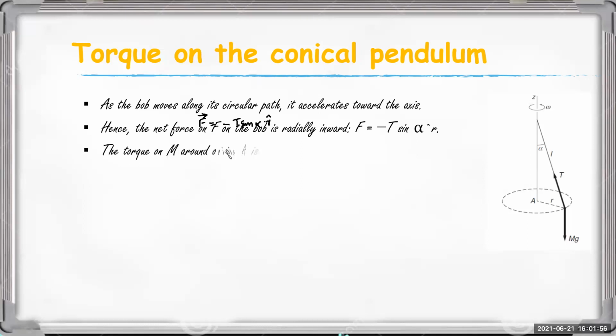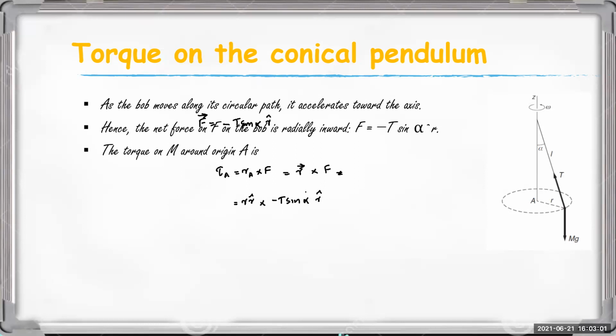Then the torque on the mass around the origin A, that is tau A, is equal to RA cross F. Here this is the length RA, or that is equal to R cross F, or here that quantity is equal to the modulus of R, R cap, vector cross minus T sine alpha R cap.